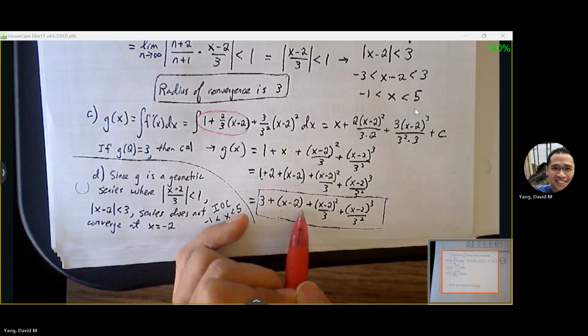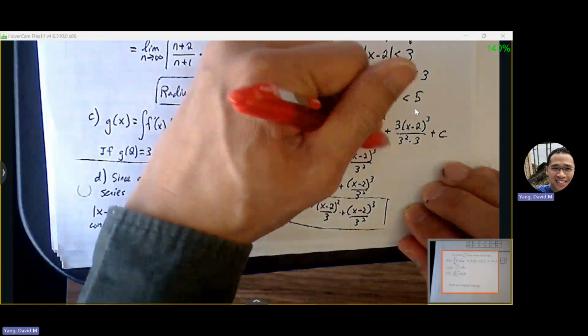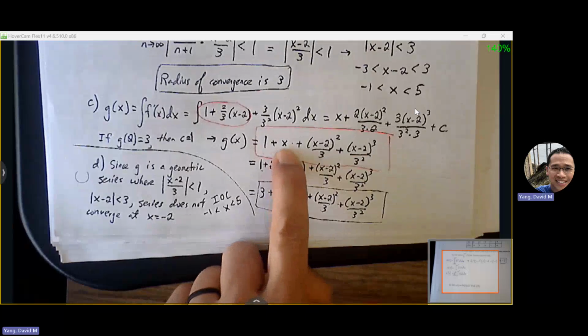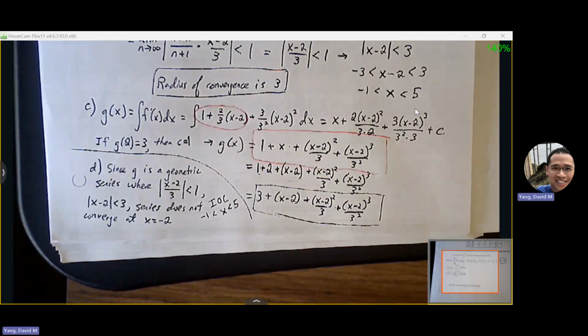So I think this is fine. Yeah, so 1 plus X is the same thing as 3 plus X minus 2. Forcing that X into X minus 2 gets you into a more predictable pattern. But I think any of these variations are fine.